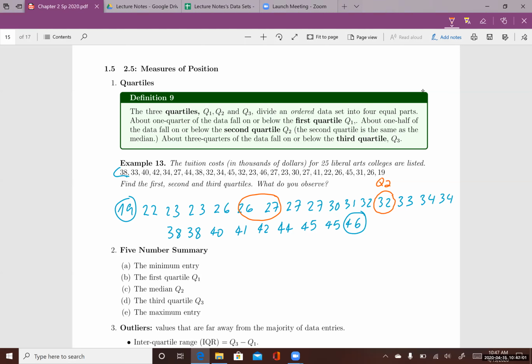So it should be the average of these two. So 26.5 should be Q1. So Q1 equals 26.5.